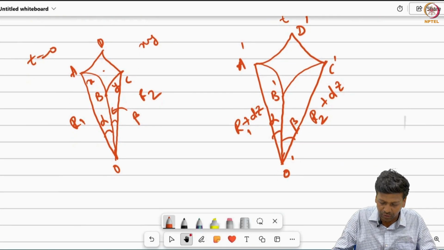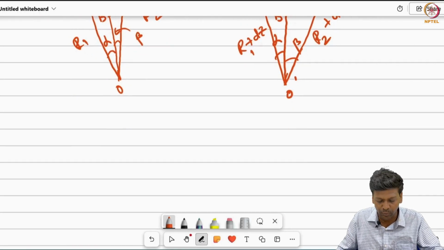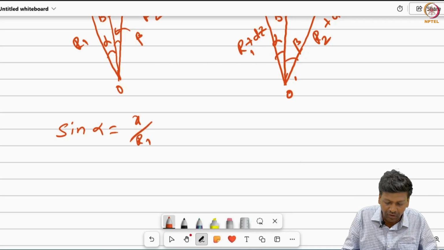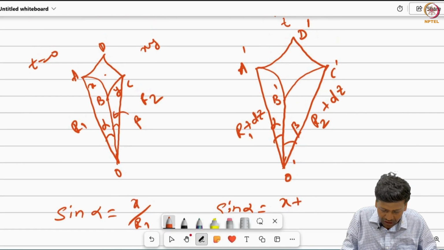So in this scenario, we can have the following propositions. For example, let's say sine alpha in this case will be x by R1. In the changed case, this one is x plus dx, and this part is y plus dy.